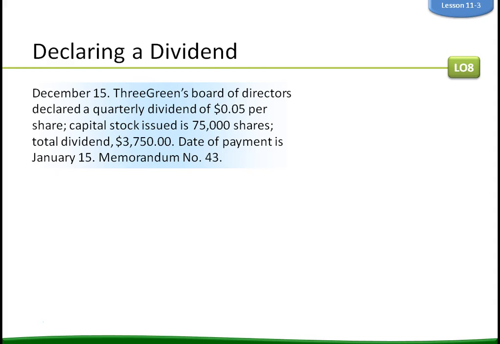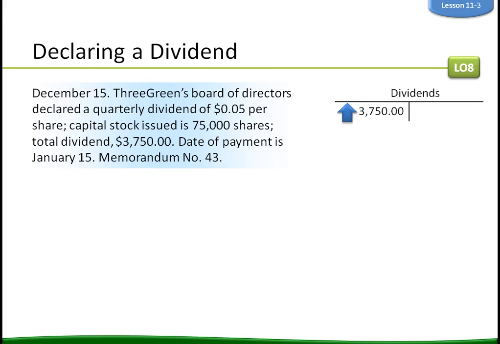I'm going to double check that, grab my calculator. 0.05 times 75,000 is $3,750. So the date of payment is January 15th, declared on December 15th, paid on January 15th.